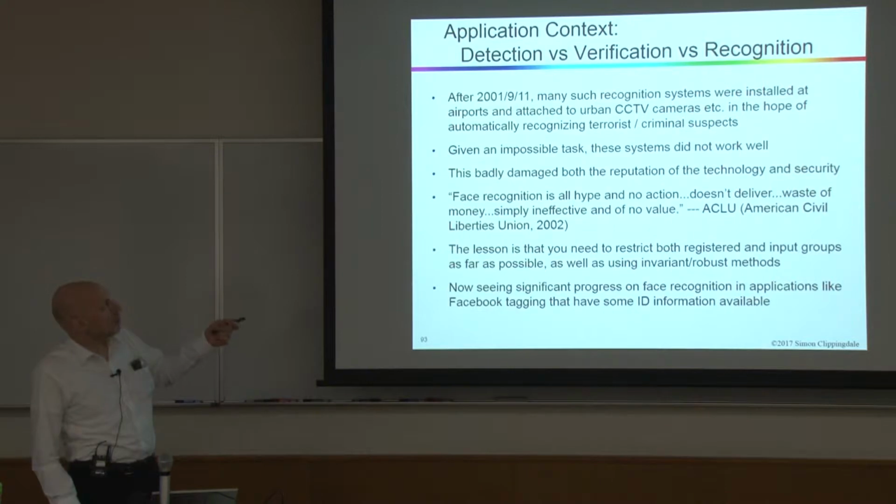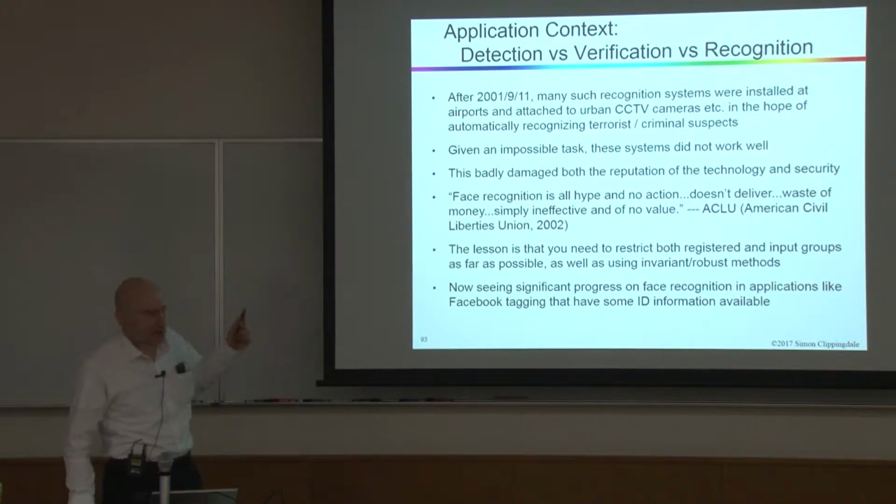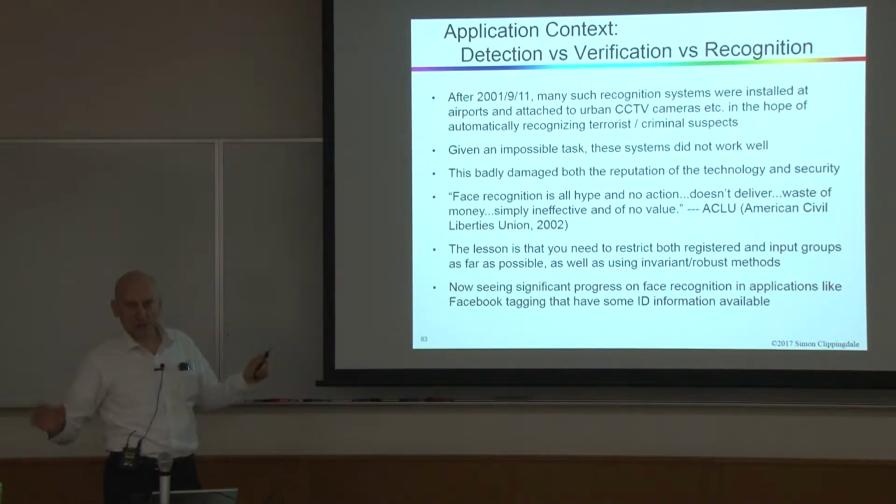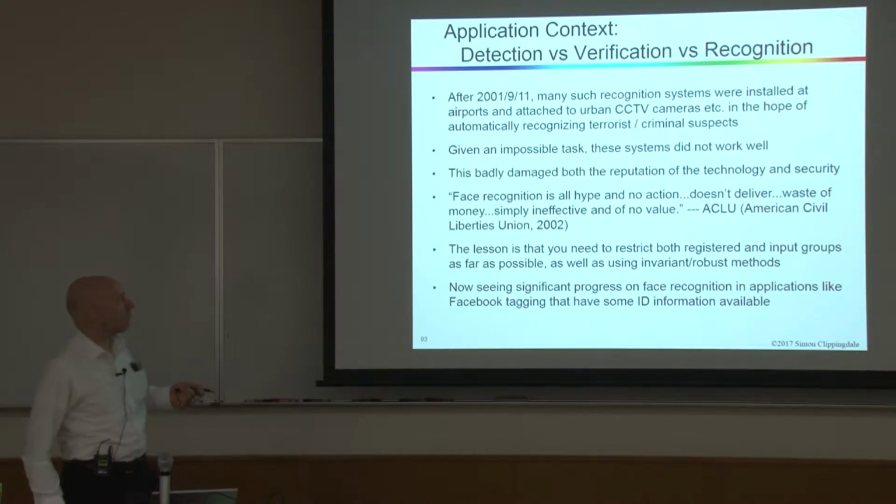And the idea is that these were hooked up to databases from the FBI of potential terrorists and so on. The task, as I've just tried to explain, is impossible given the number of people coming through the airport, number of people in the database. Can't do it. So this very badly damaged the reputation of face recognition for several years, and it damages airport security as well, because people think they've got a level of security that they don't.